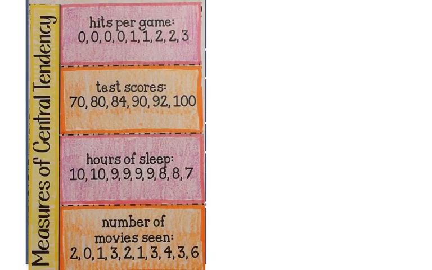Okay, so the first thing I want to find is the mean. In order to find the mean, I need to add all these up. So I'm going to take 0 plus 0 plus 0 plus 0 plus 1 plus 1 plus 2 plus 2 plus 3, right? And if I do that, I'm going to have 1 plus 1 is 2, plus 2 is 4, plus 2 is 6, plus 3 is 9.